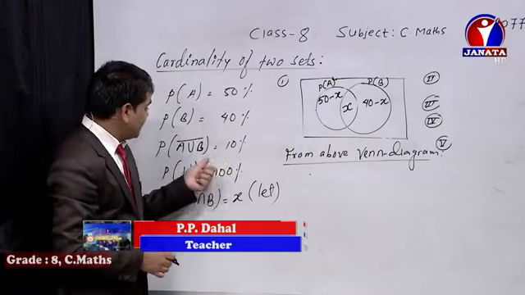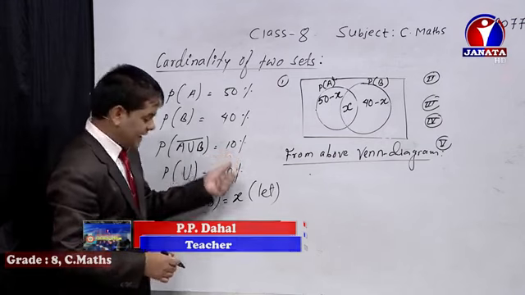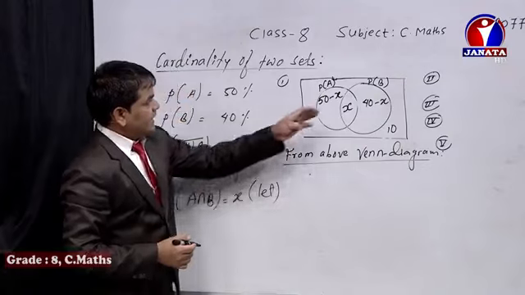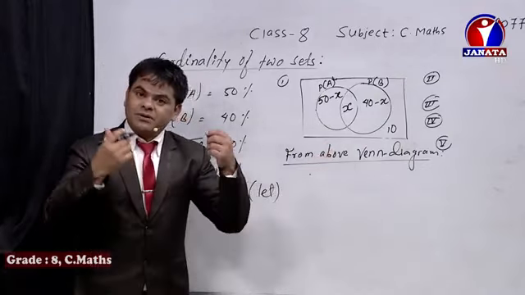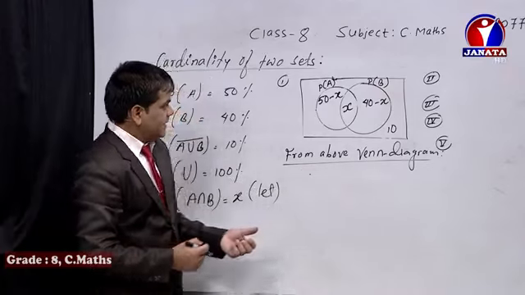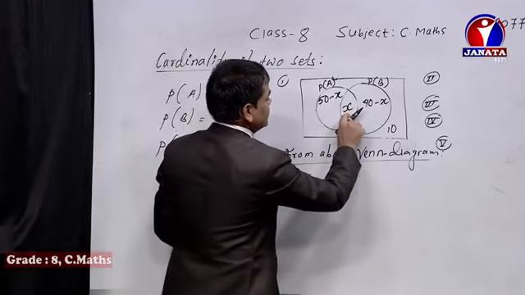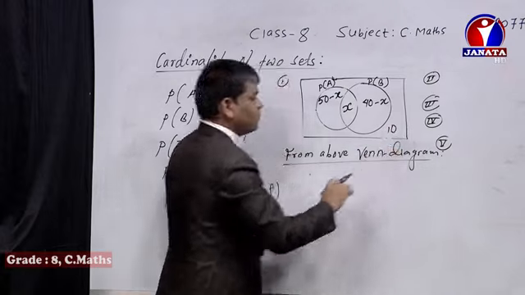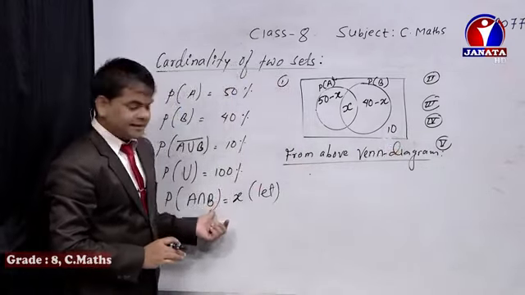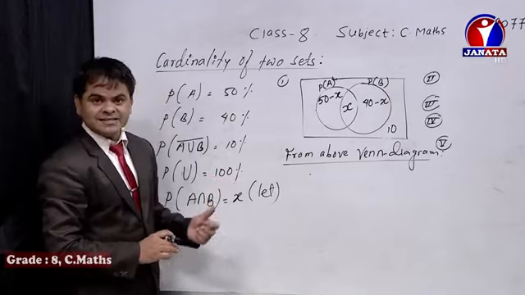A union B complement means the percentage is mentioned to us, that's why we can keep it as 10. Now as we have kept the information correctly in the Venn diagram, you can solve, dear students. Now this value plus this value plus this value plus this value combining together, it must be 100%, isn't it? It must be the total percent as 100.